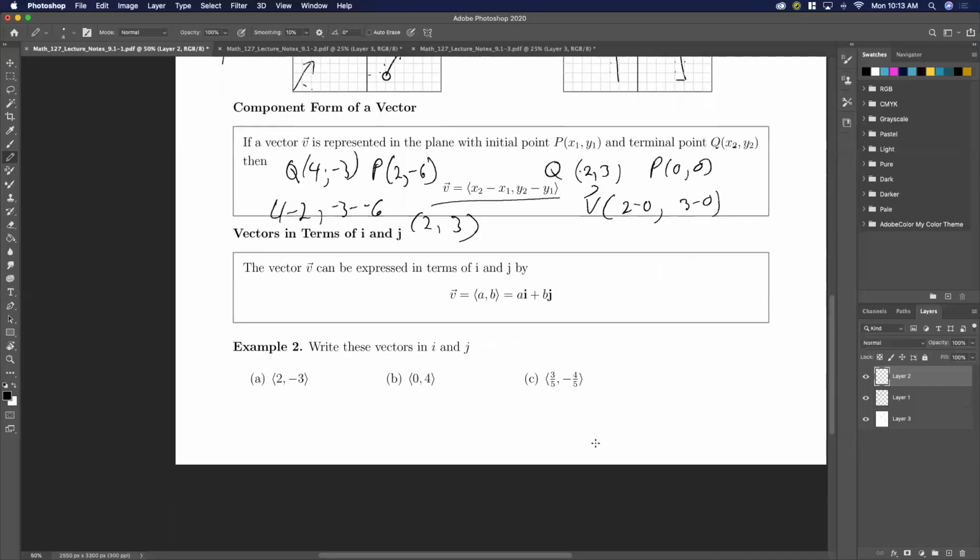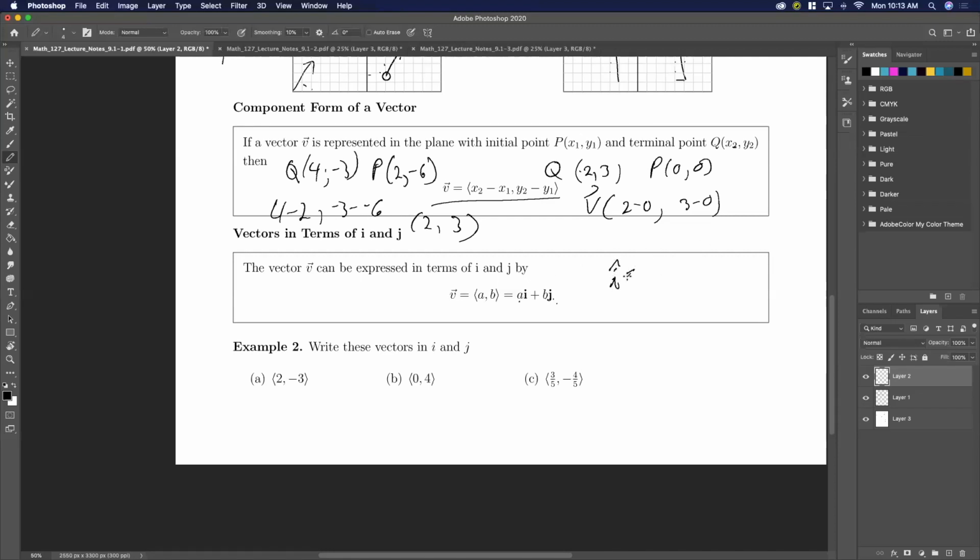Another way of writing vectors, instead of in its kind of braced form, is in component form, where you have A equals AI plus BJ, where I is the unit vector.